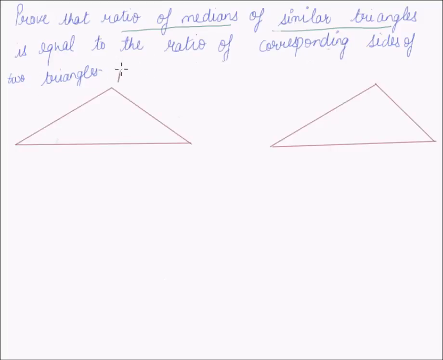Let these triangles be PQR and TUV. And we need to prove something on the ratio of medians. So first of all, we need to construct medians.